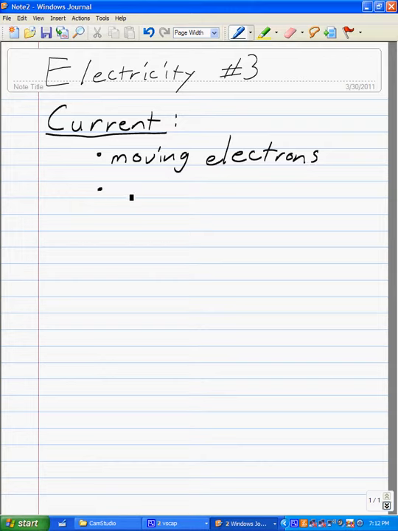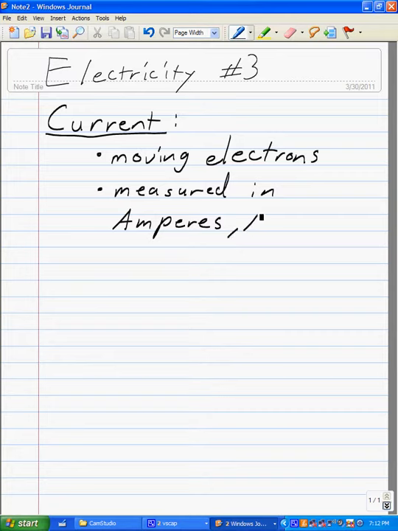We measure current in a unit called amperes, or sometimes they're just shortened to amps. And the symbol for an ampere is A. So, for example, I could have 2 amps of current.